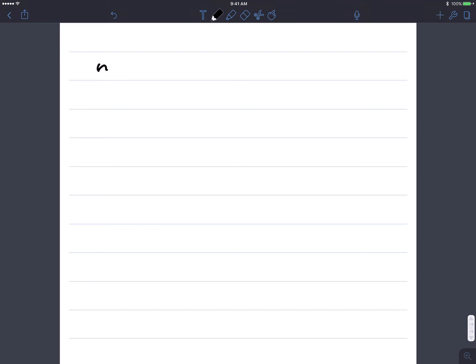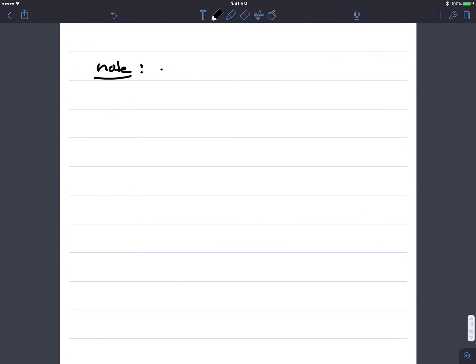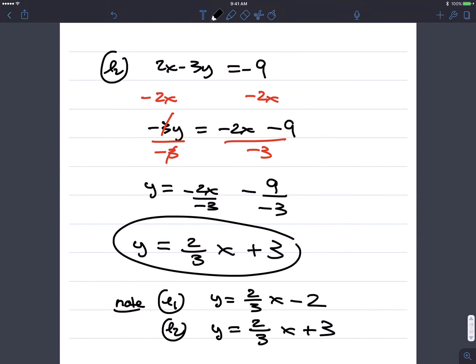Here's what we're going to do. We have 2/3 x minus 2, and we have, I guess that was plus 3, yeah.